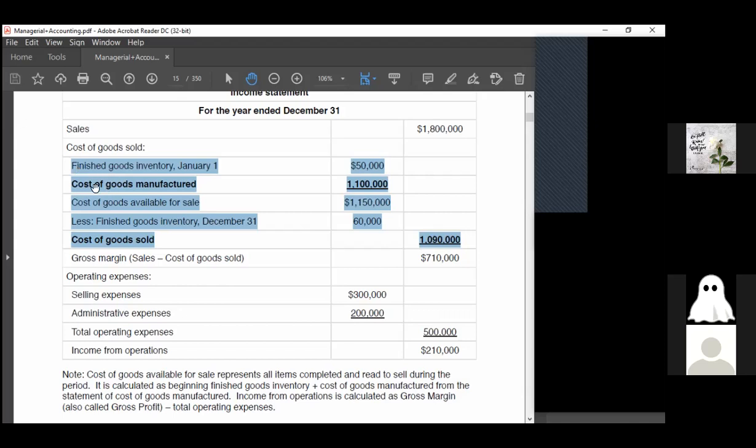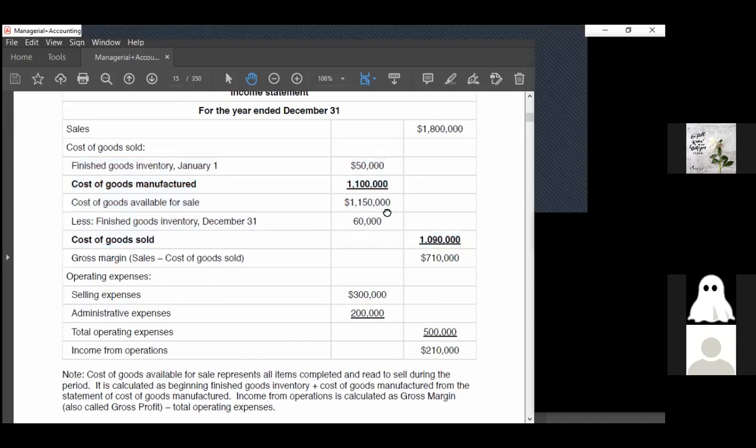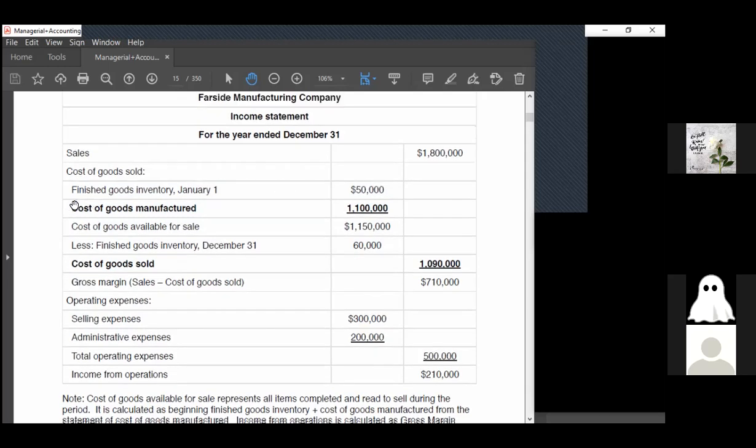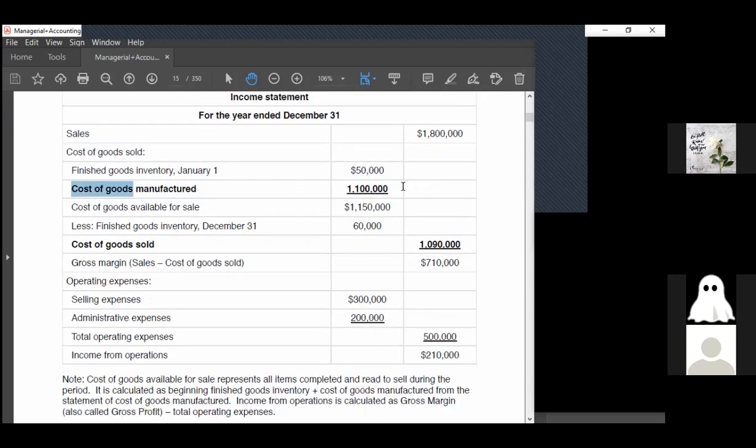Then over the year, you manufacture furniture. That is this part. You spend money on manufacturing furniture. And then at the end of the year, you are again left with some furniture that will be sold the next year. That is finished goods inventory for 31st of December.